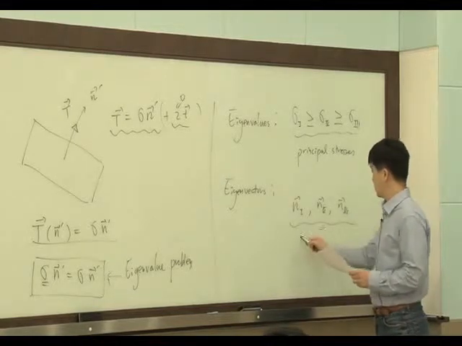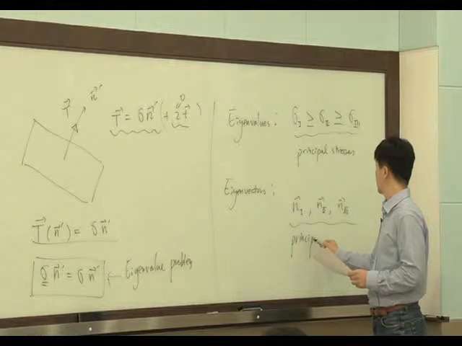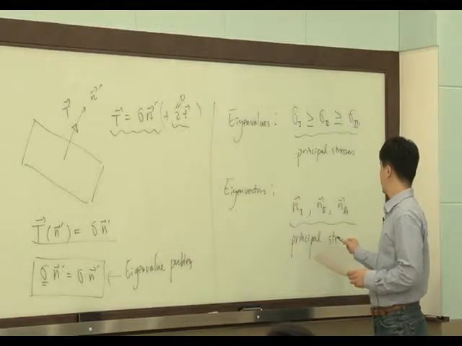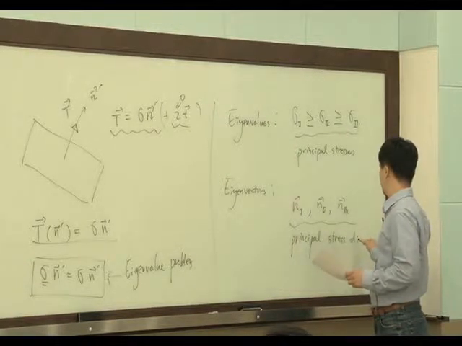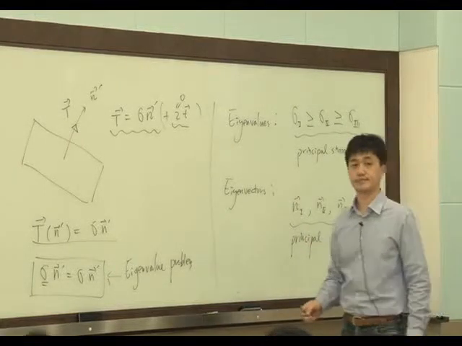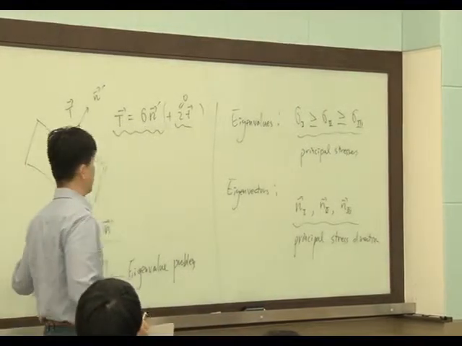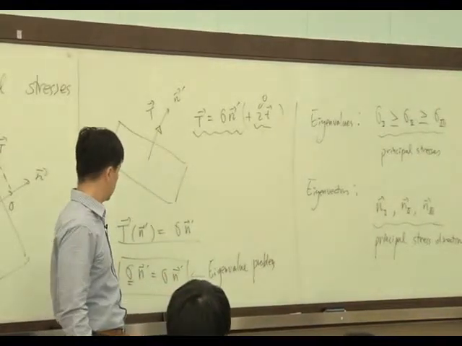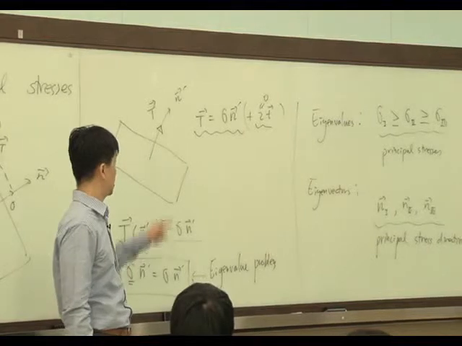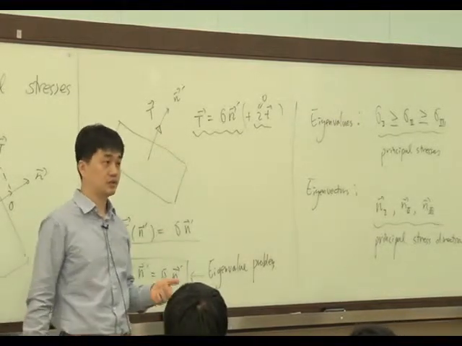These are principal stress directions. So in 3D, or 2D, if we solve this eigenvalue problem, we can find out principal stress and principal stress direction.